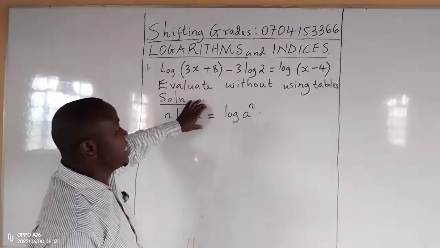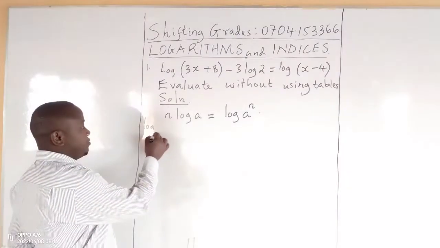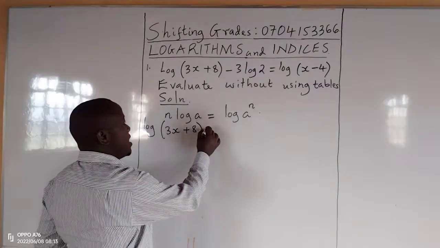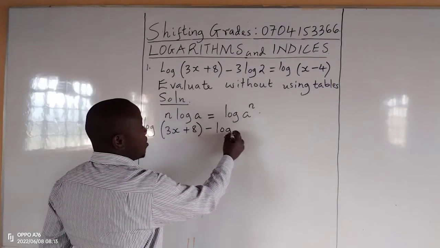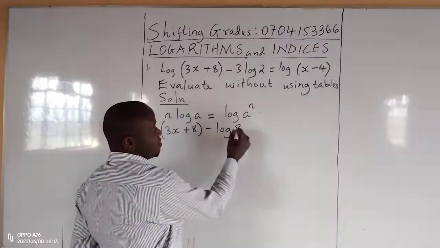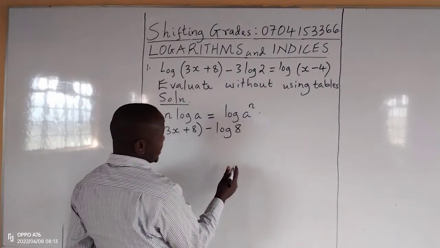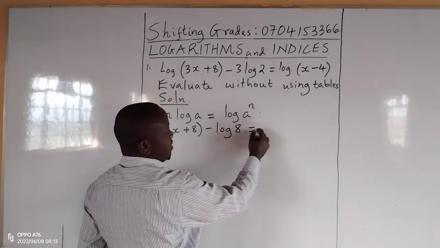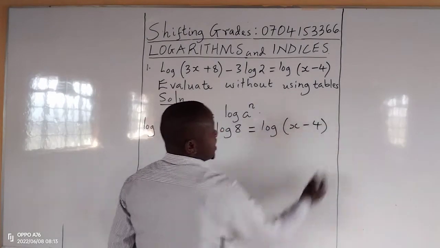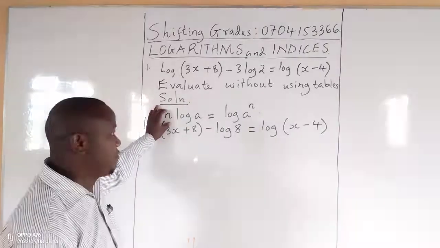Applying this law, the expression turns out to be the logarithm of 3x plus 8 minus the logarithm of 2 raised to 3, which makes it 8. We raise 2 to 3 because we make the number an index at that point, equals the logarithm of x less 4. That is one step, and we have employed a law of logarithms.